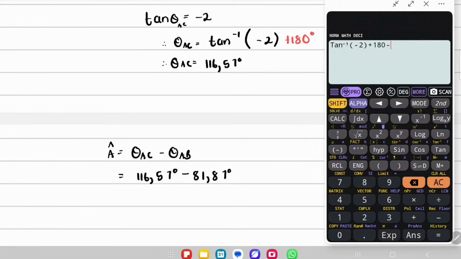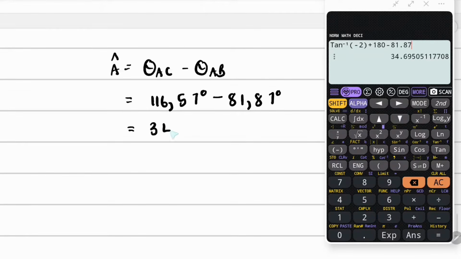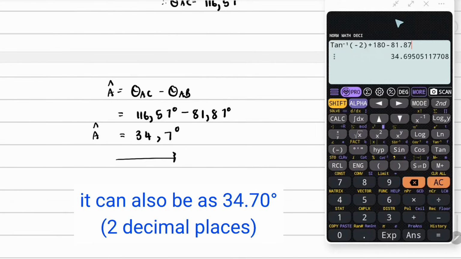So it's really all of this minus 81.87, and that gives us exactly 34 point something, and that's going to round up. It's going to add a 1 to the 9, and then that adds a 1 to the 6. So that is 34.7 degrees, and that is the size of angle A.